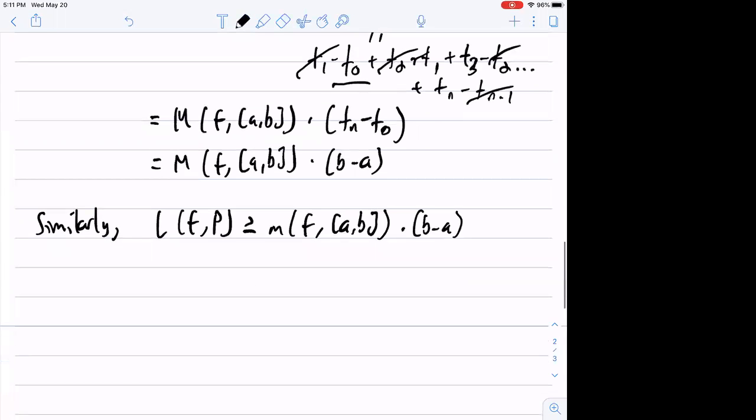So far we have this. Let me just write: the infimum of f on [a,b] times (b minus a) is smaller than the lower Darboux sum.